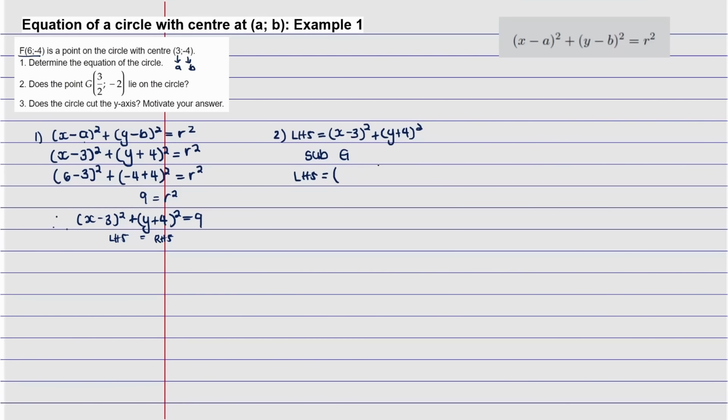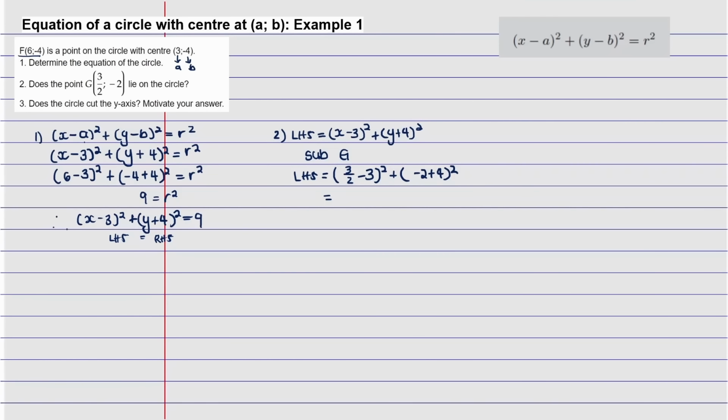It's going to be 3 over 2 minus 3, all squared, plus negative 2 plus 4, all squared, right? Pass that into the calculator. You're going to have 3 over 2 minus 3 all squared, then plus negative 2 plus 4 all squared.